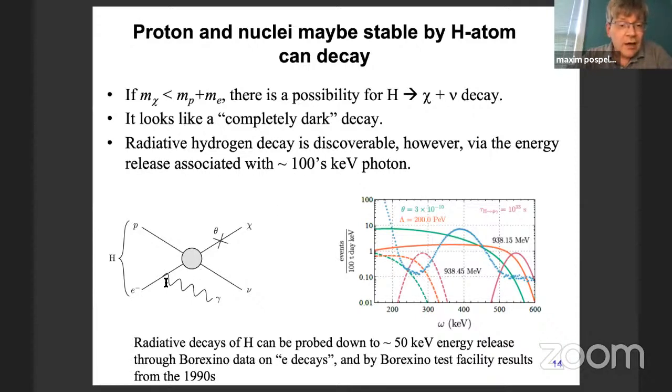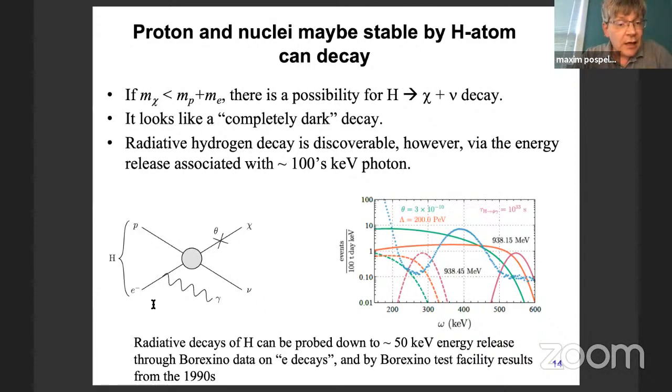However, if it's a radiative-type capture, where the electron emits a photon and goes to chi, then you can detect this photon if its energy is in the hundreds of keV. It cannot be like 10 MeV, because then you have much better probes through nucleon decays.